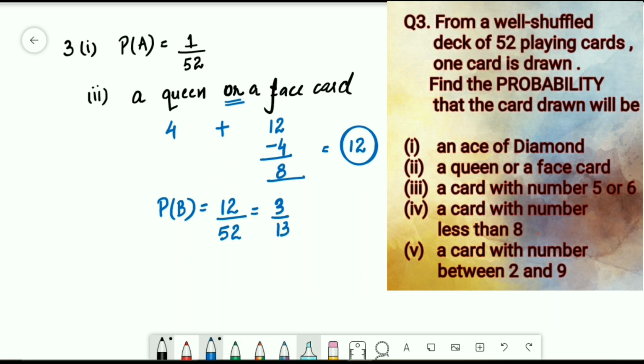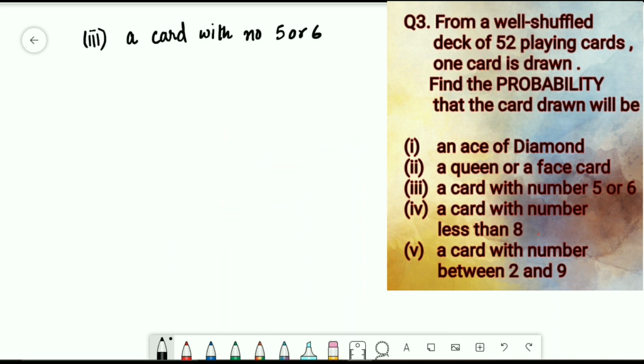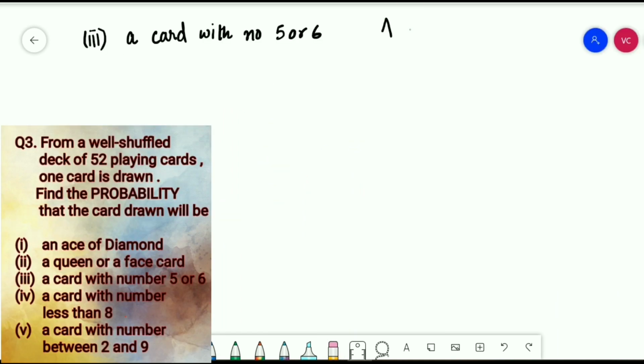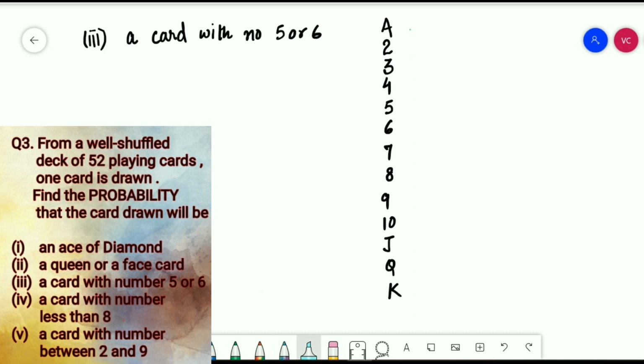Now we will move to next part. If we talk about any suit, the cards are in this form: A, 2, 3, 4, 5, 6, 7, 8, 9, 10, J, Q and K. Okay, now in this we are talking about a card with number either 5 or 6.